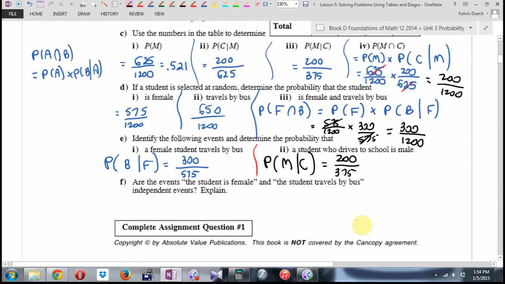Are the events the student is female and the student travels by bus independent? Are they independent?